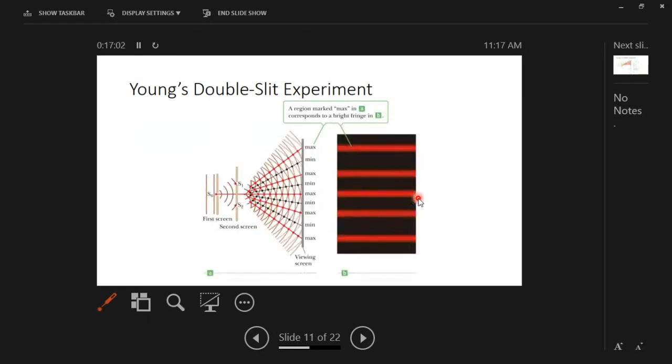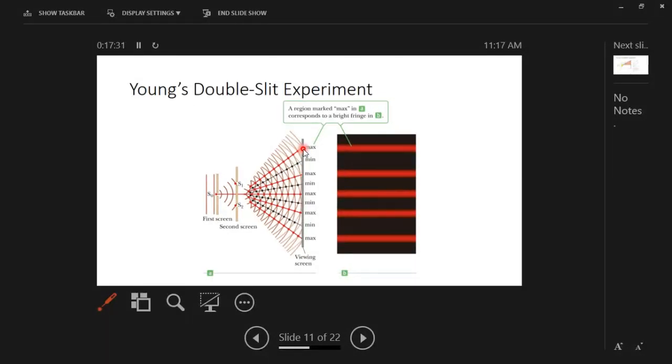There is another way to see that. Again, you have these two slits here, and each slit is going to act like a new source. These are light rays coming from each slit. And then if you look at different points, at this point, you are going to see a maximum, another maximum here, another maximum here. At this point, the path difference is exactly 0. At this point, the path difference is one wavelength.